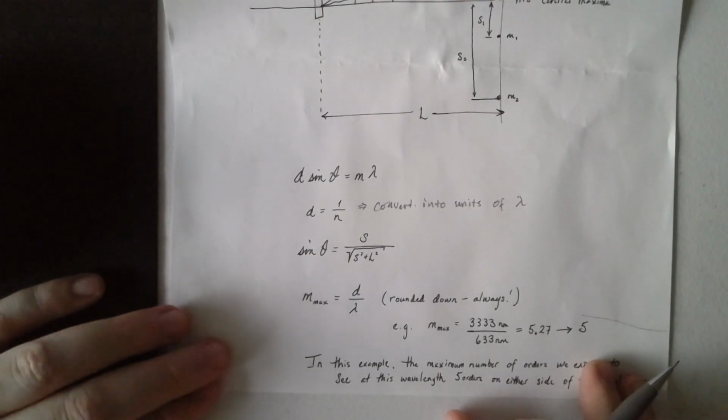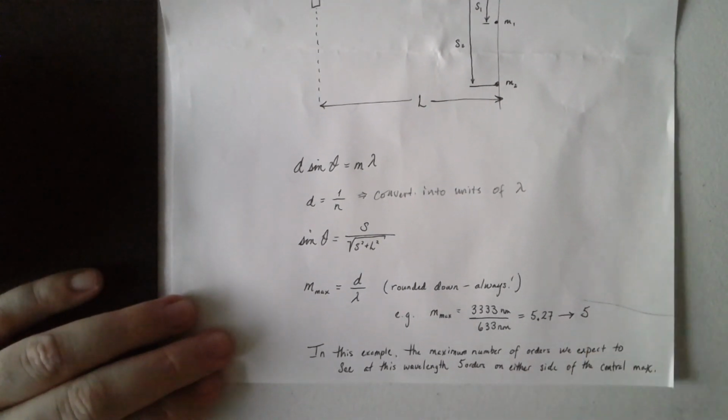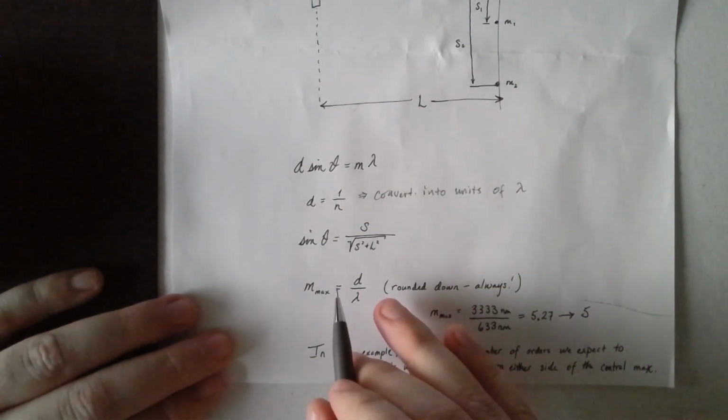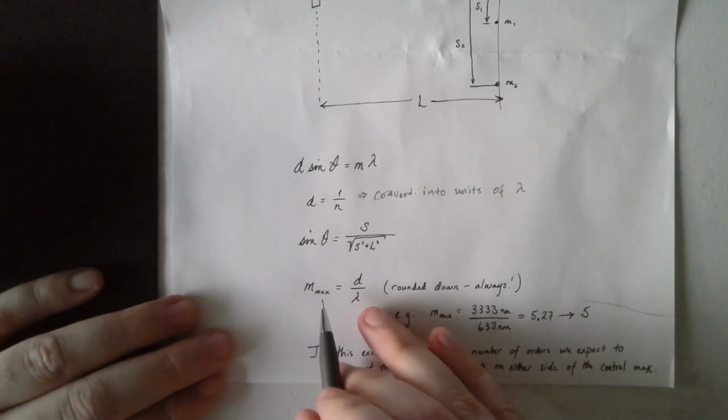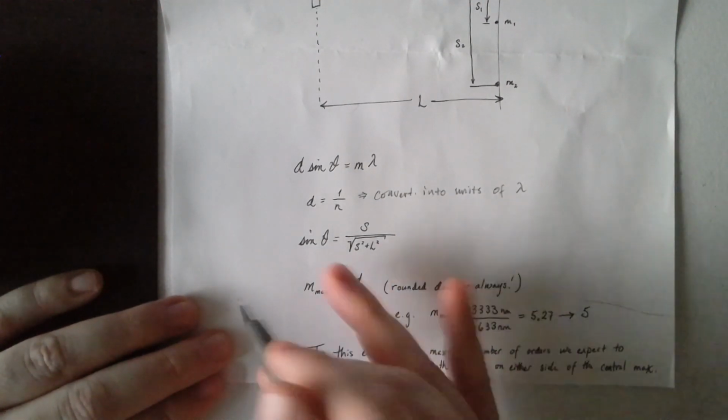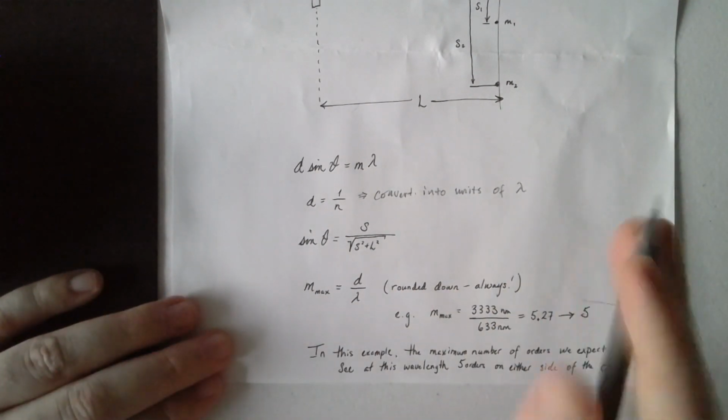The last thing that you'll need to do in this experiment is you'll need to watch the video, and as I'm showing the measurements of where each of those are, make sure that you count the number of maxima that you see on one side of the central maxima itself.